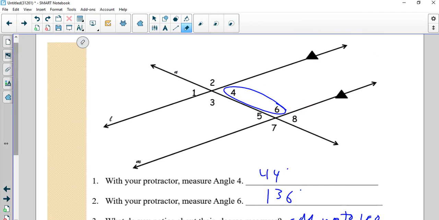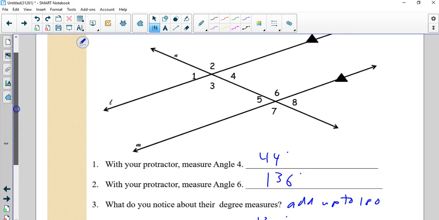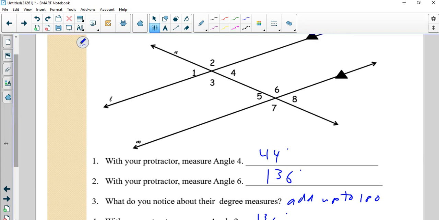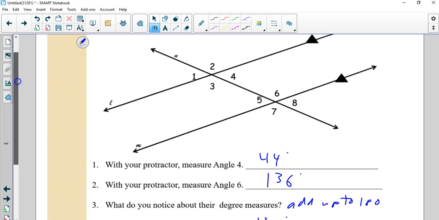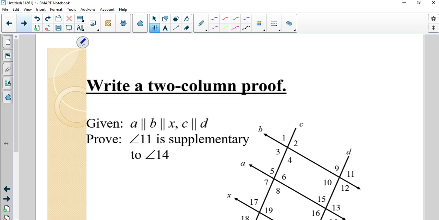When you have a situation like this, if we knew that these two lines, L and M, were parallel, then all the obtuse angles are 136, all the acute angles are 44. But we have not been told these two lines are parallel. But when we know they're parallel, we know they're always going to be the same.